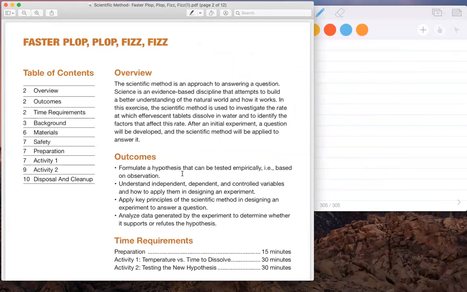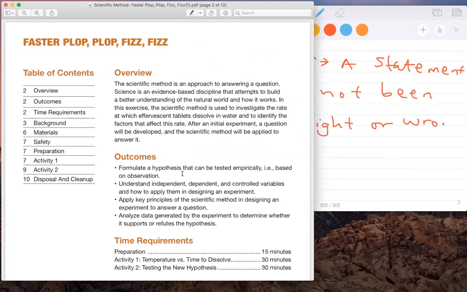Sometimes we define this simply as a statement that has not been proven right or wrong, all right? It's just a statement. It's an educated guess. Some people define it as an educated guess.